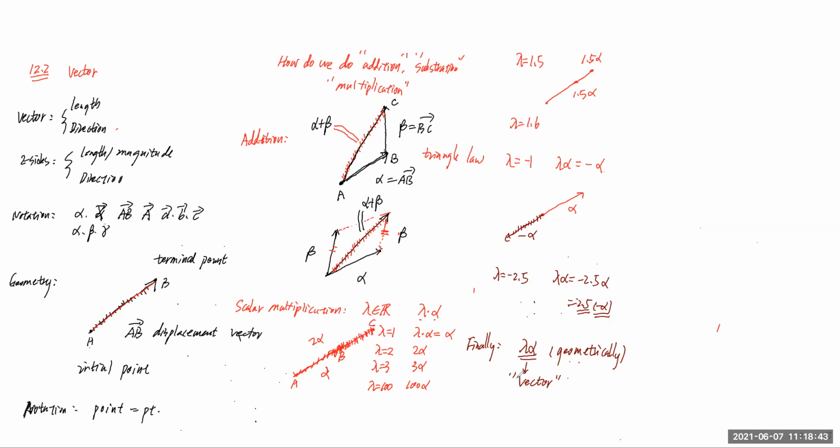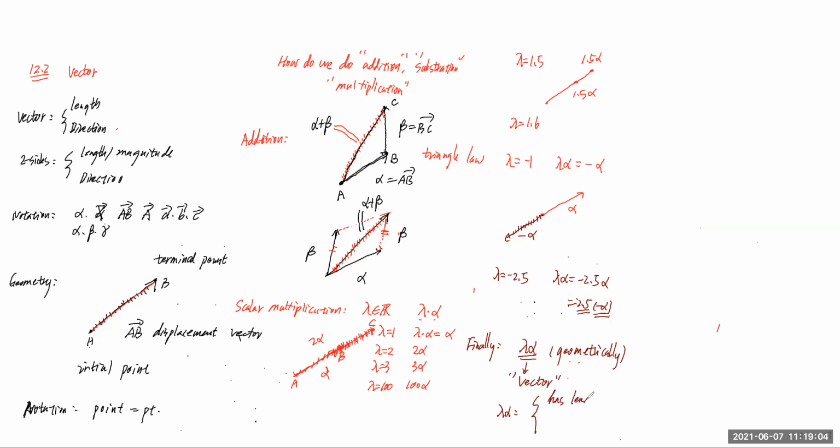You may ask, how do we understand this? By the geometric definition, lambda alpha has the following property.